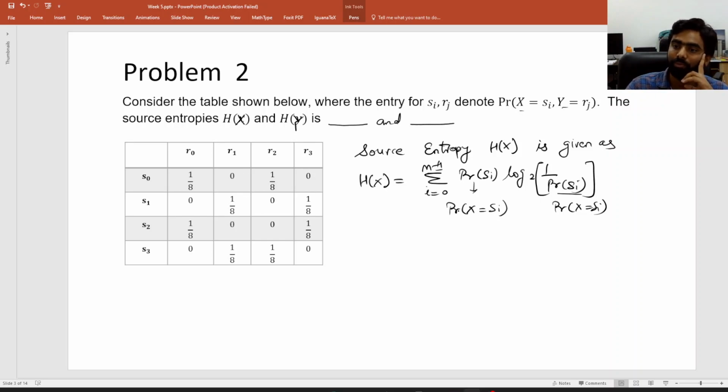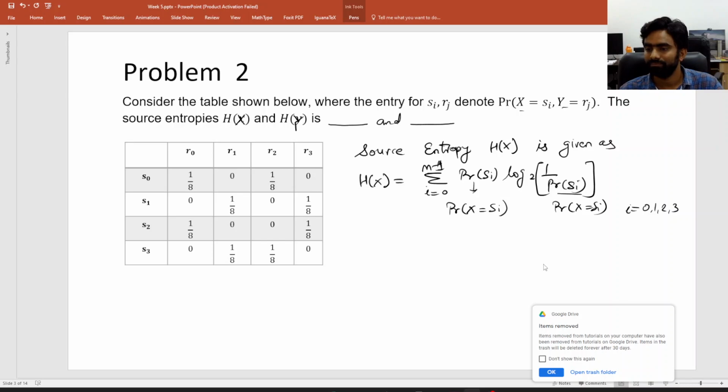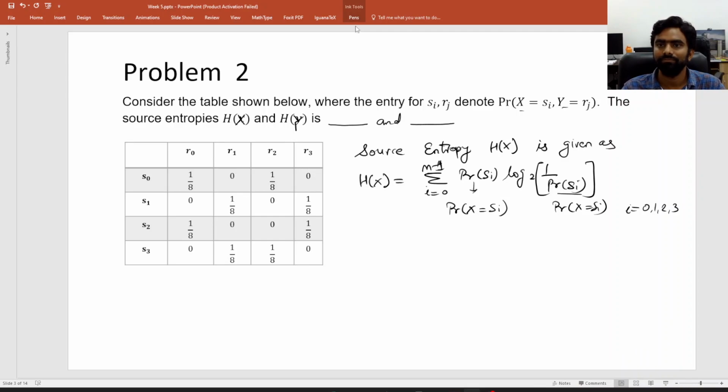First you have to find the probability X equal to Si for all i varying from 0 to m minus 1. Here m is 4, so 0 to 3. So I will take 0, 1, 2, and 3.